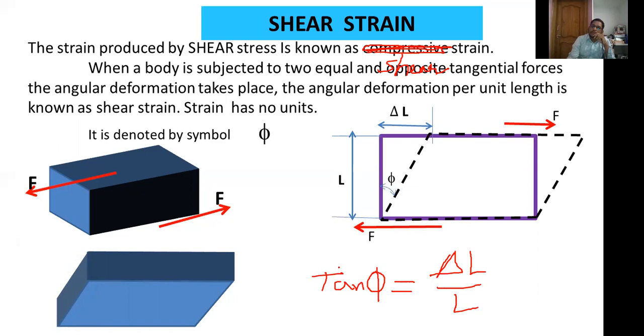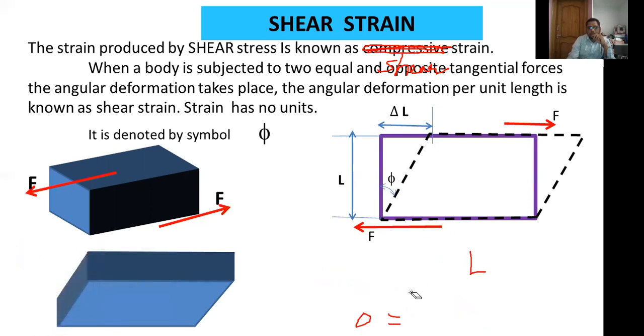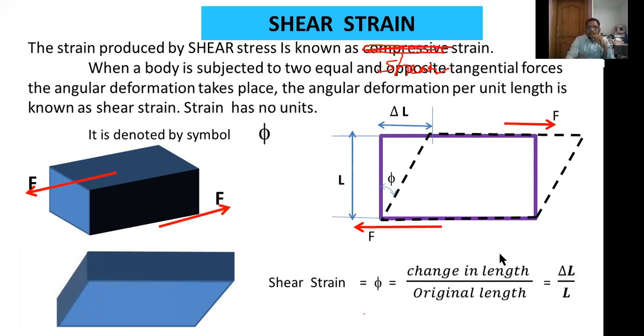So the formula for angular deformation is equal to change in length by original length. Okay, if you are neglecting this tan, then phi equals delta L by L. Delta L by L is called shear strain. Okay, this is the formula for shear strain: shear strain equals change in length delta L by original length.